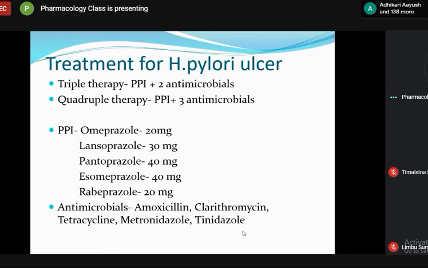So in triple therapy there are three drugs, that's why its name is triple. One must always be a proton pump inhibitor, and two are antimicrobials. Whereas in quadruple therapy, it is one proton pump inhibitor with three antimicrobials.